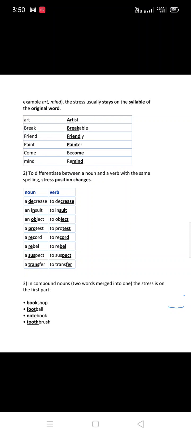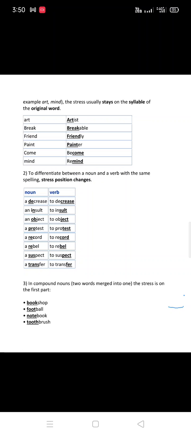Okay, now regarding word stress, there are some rules, and we are going to discuss. Rule number 1 is the stress usually stays on the syllable of the original word, that is root word. Which is root word or original word?